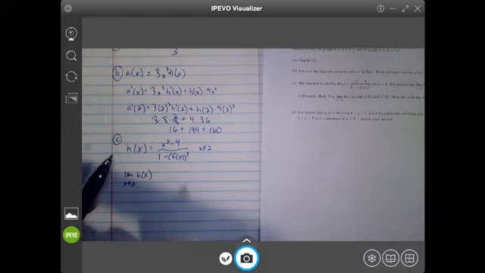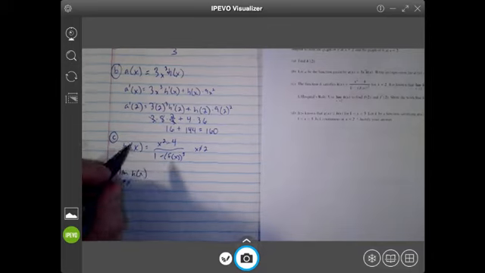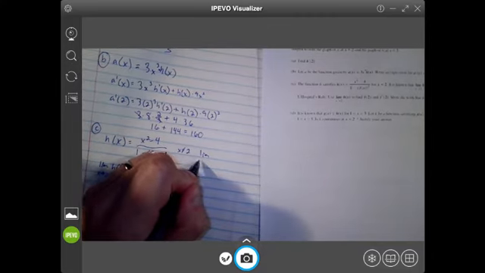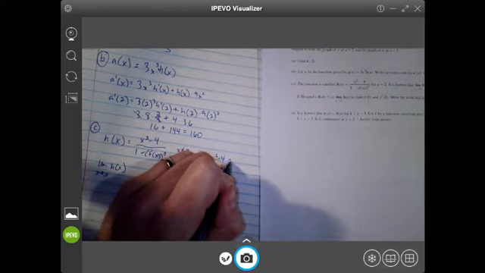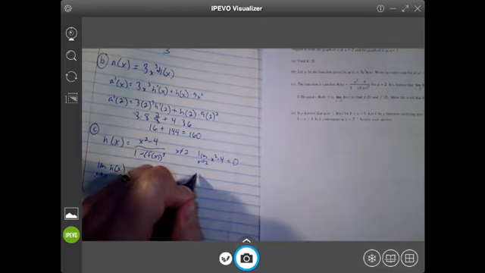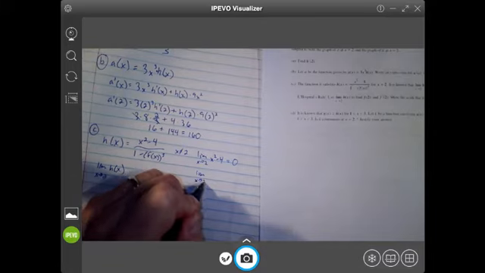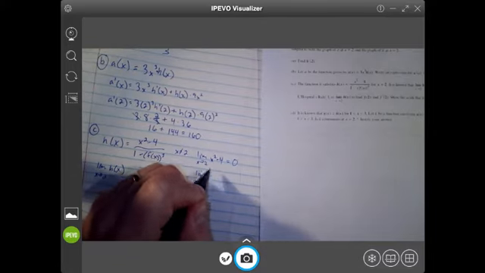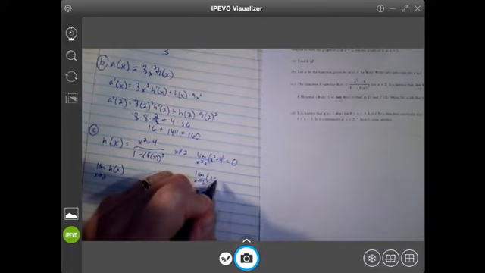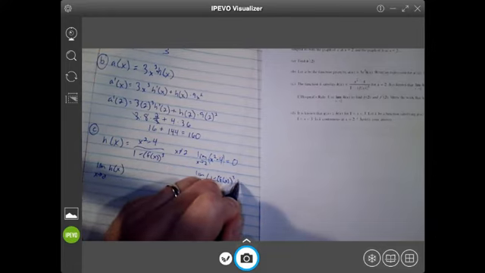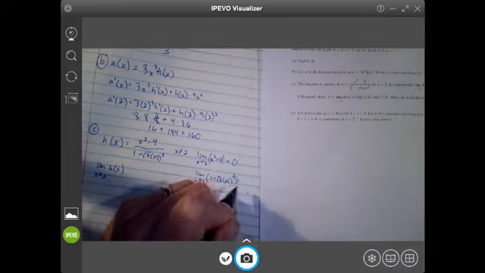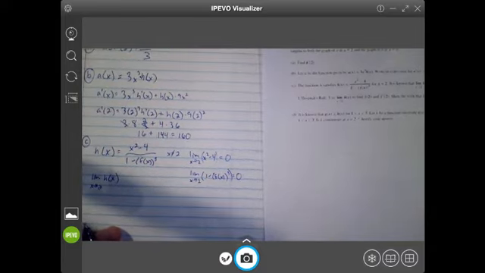Separately, the limit as x approaches 2 of x squared minus 4 must be equal to 0, and the limit as x approaches 2 of the denominator, 1 minus the quantity f of x cubed, must be approaching 0 as well.